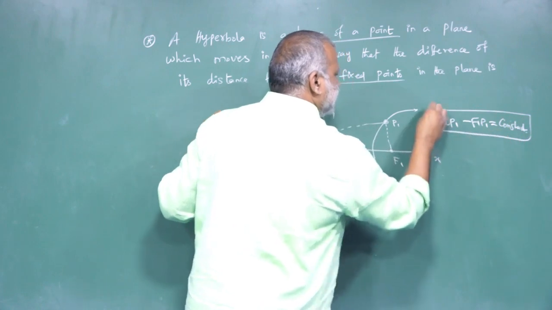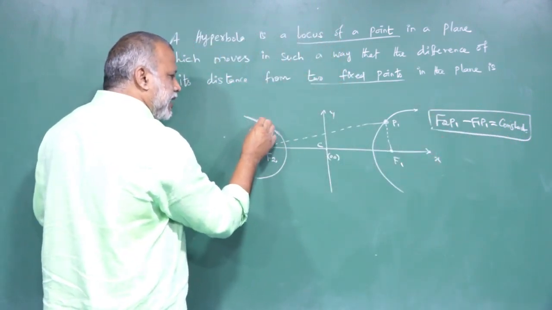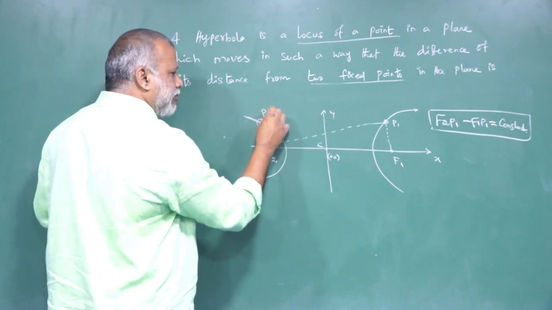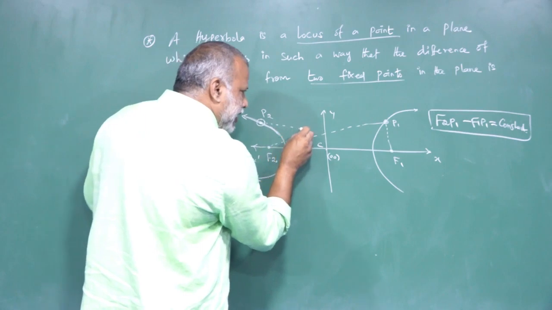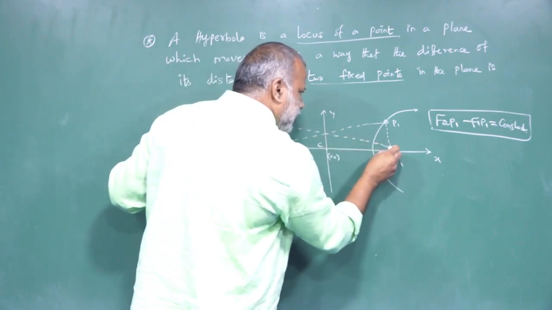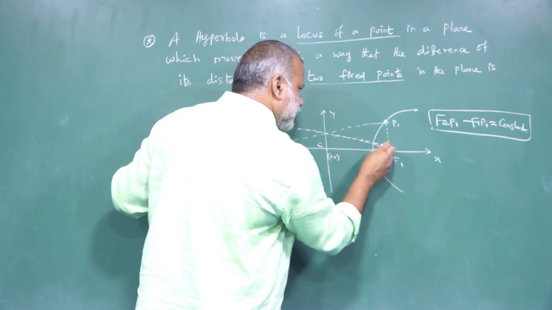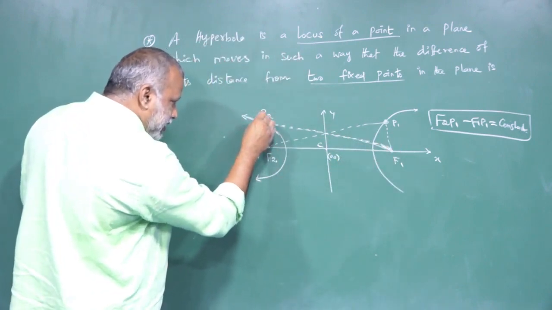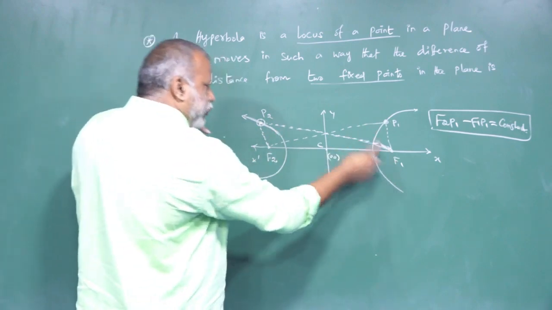This is the explanation. Suppose you take a point here, say I am taking P1, here P2. We have some distance between this focus and here also we have a different distance. See this one, F1 P2.